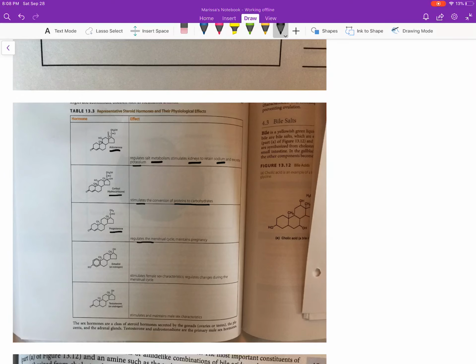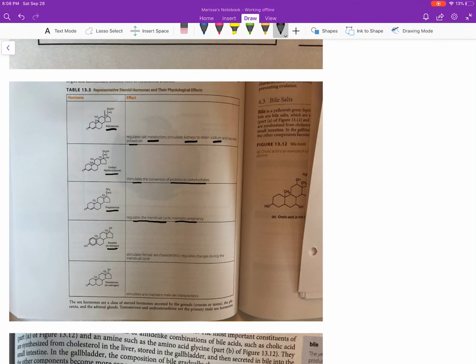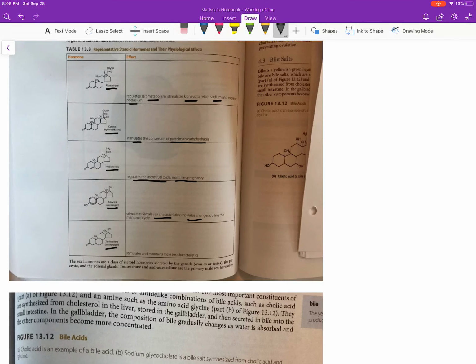Progesterone, which regulates the menstrual cycle, maintains pregnancy. Estradiol, which is an estrogen, stimulates female sex characteristics, regulates changes during the menstrual cycle. And then testosterone, which is an androgen, stimulates and maintains male sex characteristics. So, pretty important group of steroid hormones.